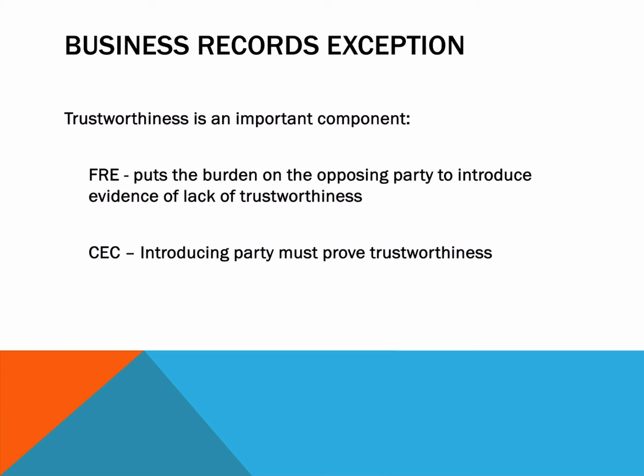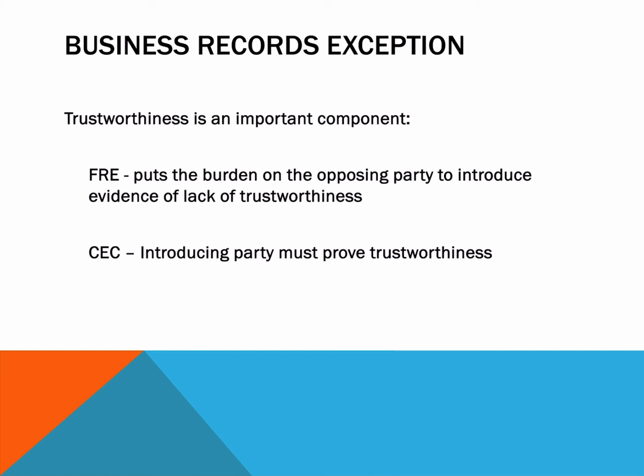So in the federal rules, it puts the burden on the opposing party to introduce evidence of a lack of trustworthiness. So if you have, let's say, the prosecutor is introducing the business record, they don't have to actually prove that it's trustworthy. It is one of the factors, but they don't have to give specific evidence that it is trustworthy. It's on the opposing party to introduce evidence that it's not trustworthy.